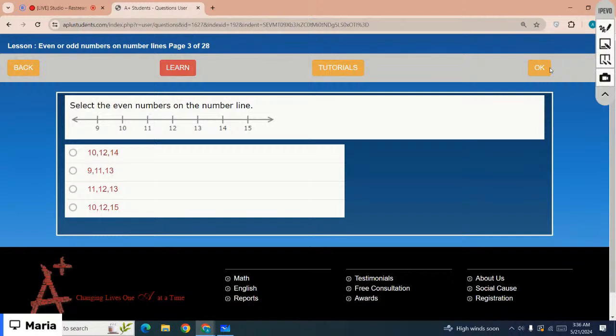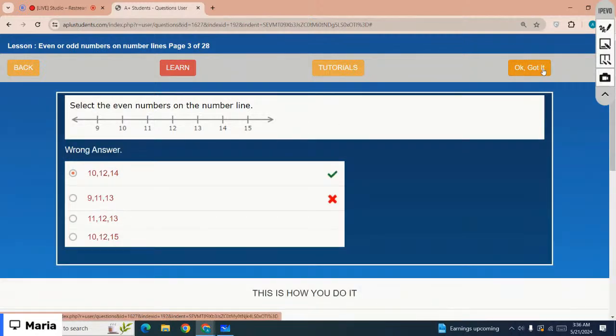Select the even number on the number line. Even numbers. They are 9, 11, 13, and 15 is missing, right? The correct option is 9, 11, and 13.